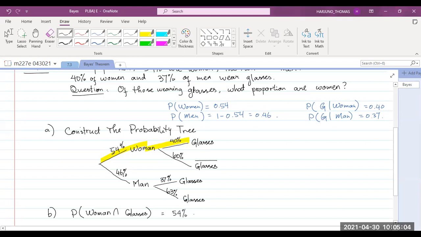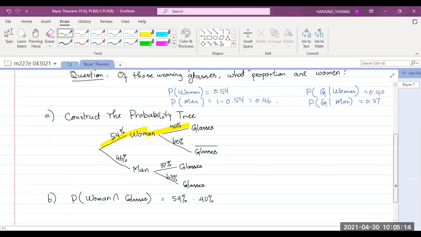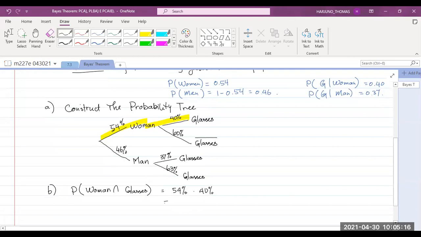It has to be a woman first, and then knowing that person is a woman, that person wears glasses. Now, never multiply percentage with percentage, never. Change them to decimal first and then multiply in decimal. Then change it back to percentage if you want, but we can just leave it like that.